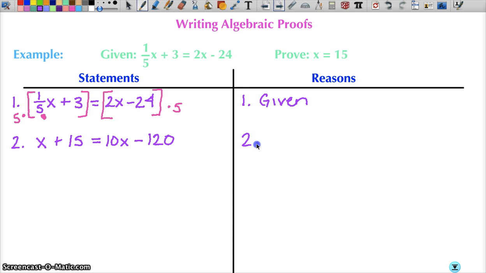Now, how did we get that second step? We got this because we multiplied by 5. So multiplication property of equality.